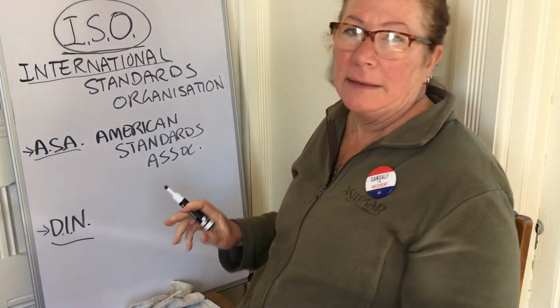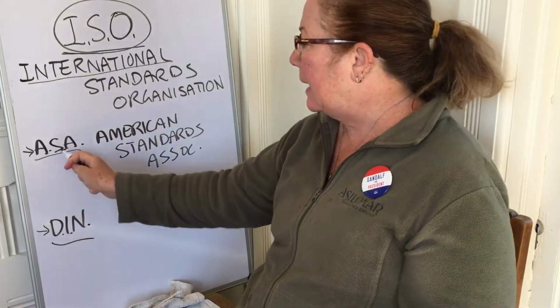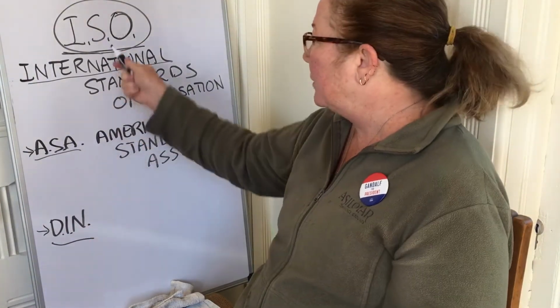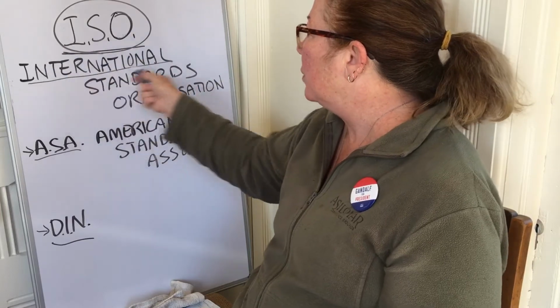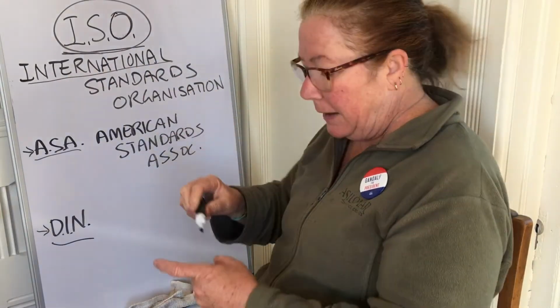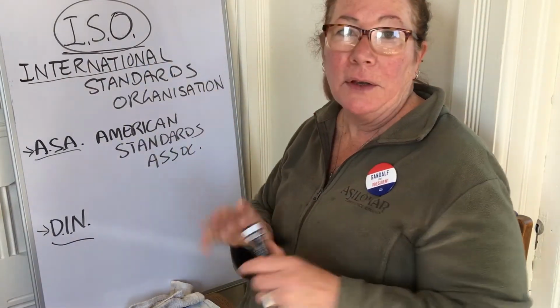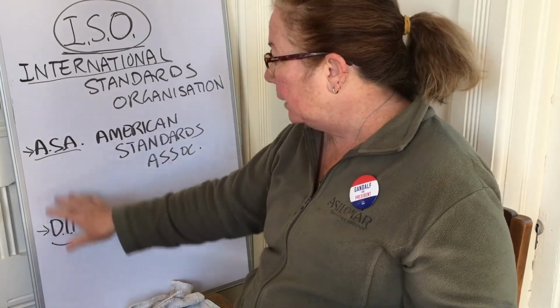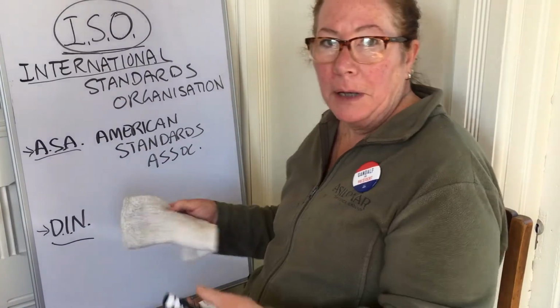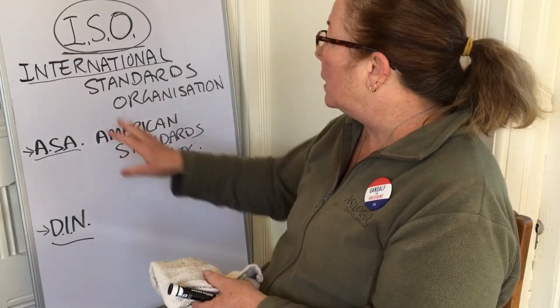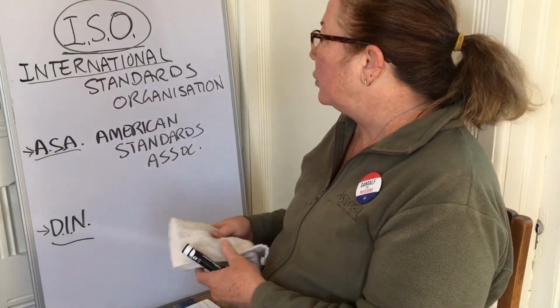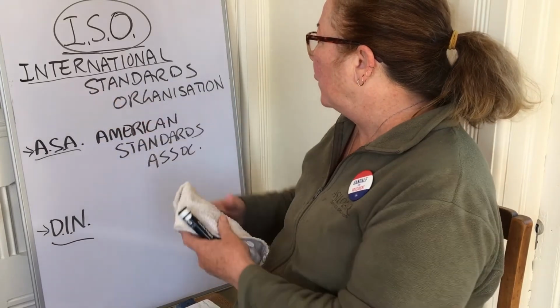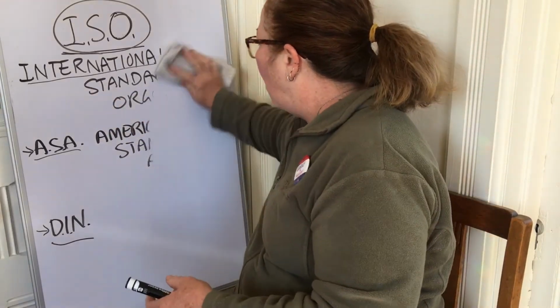If you see a camera that has ASA or DIN, it means ISO, International Standards Organization, and it means that the ISO stays the same no matter what kind of camera you buy, whether it's an old camera that you end up coming across or a modern one. They're all the same.